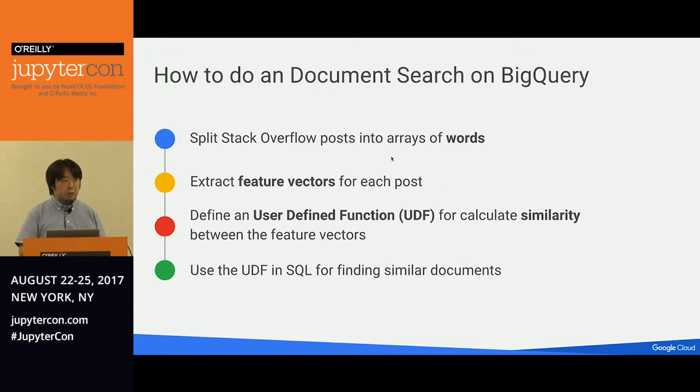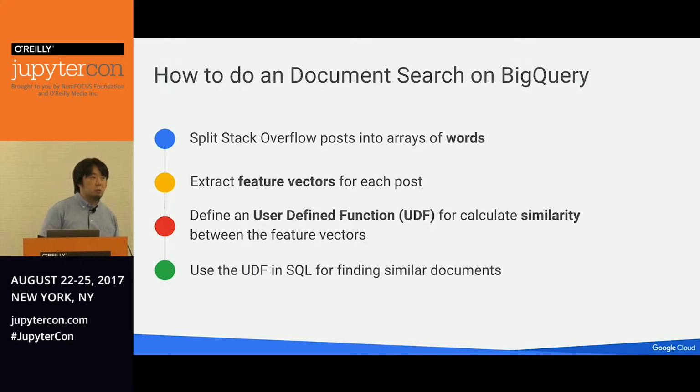These are what I have done with these demonstrations. At first, you have to split each sentence into words, the segmentation. And then you extract the feature vectors from each post, each document. And this is the key technology in BigQuery, that is user-defined function, or UDF, that allows you to define a small JavaScript code running inside your SQL.